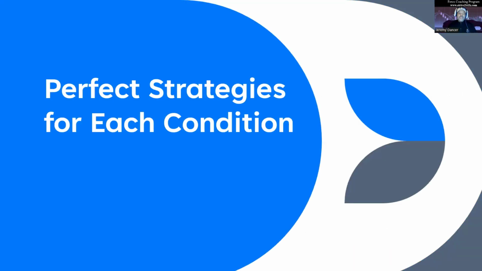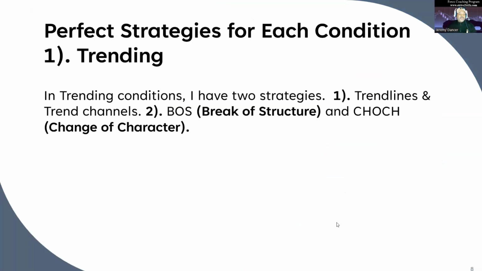All right. So now let's get into the strategies for each of those conditions. When it comes to trading conditions, I have two of my favorite strategies, and that is trend lines and trend channels, and the break of structure and change of character strategy.